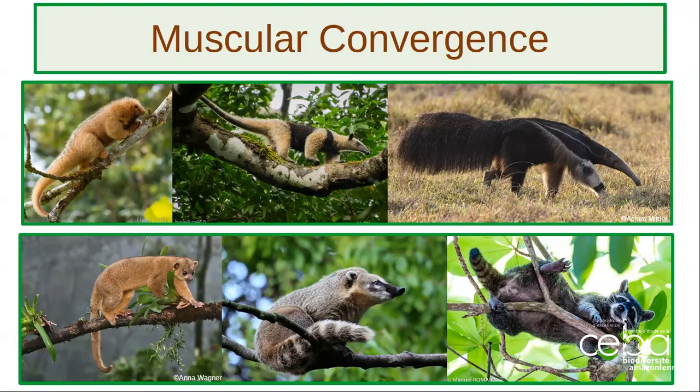So one part of the project will be to extend comparisons with two other groups, namely the myrmecophagids, or the anteaters, with two prehensile genera, Cyclopes and Tamandua, and one non-prehensile, Myrmecophaga, and with a family of carnivorans, the procyonids, with the kinkajou here, Potos flavus, which has a prehensile tail, and two non-prehensile taxa, namely the coati and raccoon.